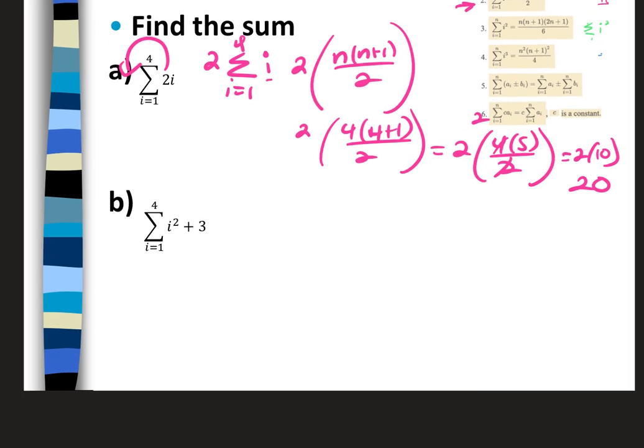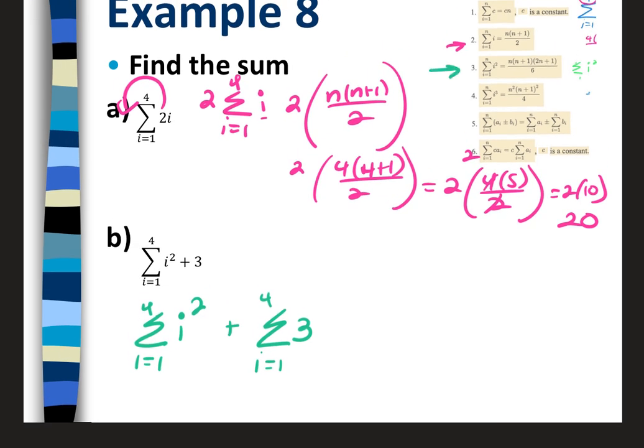I'm going to break these apart. So this is going to be the summation of i squared from i equals 1 to 4, plus the summation of 3 from i equals 1 to 4. The i squared rule is n times n plus 1 times 2n plus 1 over 6. And in this case, my n is 4.